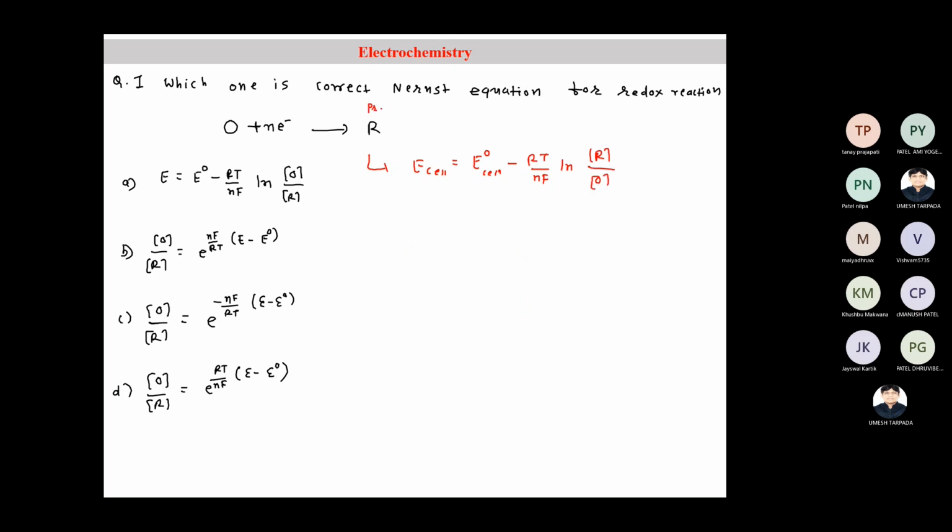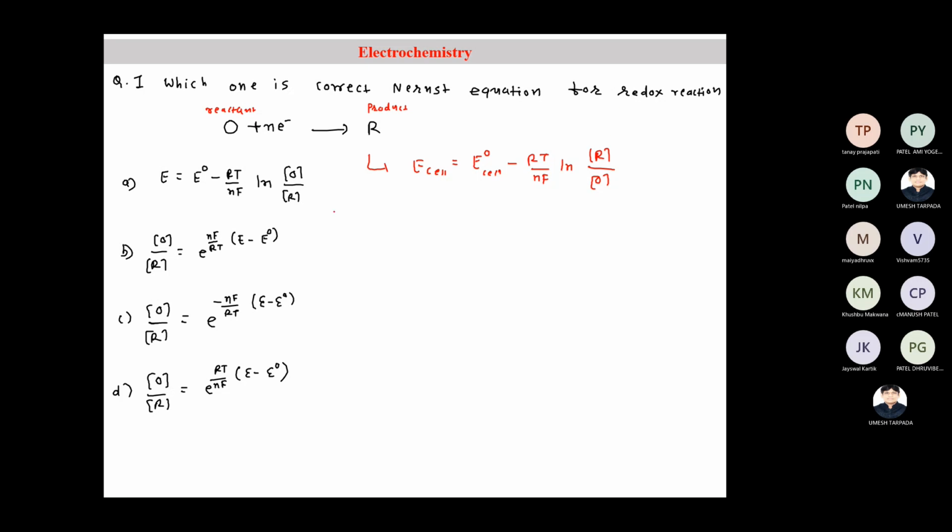This becomes your product and this is the reactant. Now you want O by R. See, the first equation does not match this one. In the first equation it is O upon R, but in our case it is R upon O. So the first option will not come.